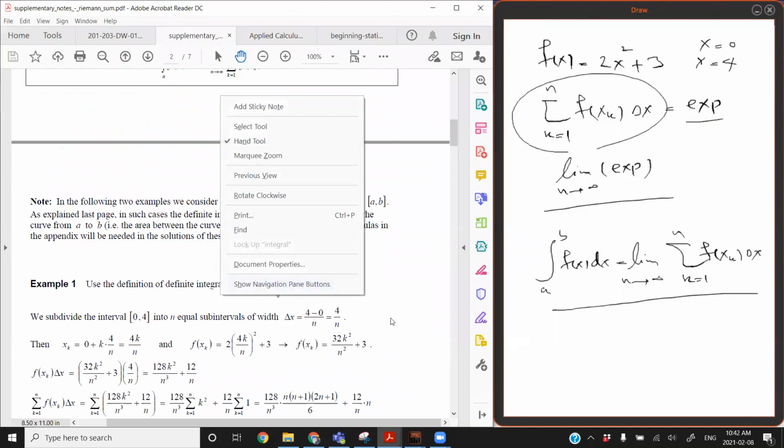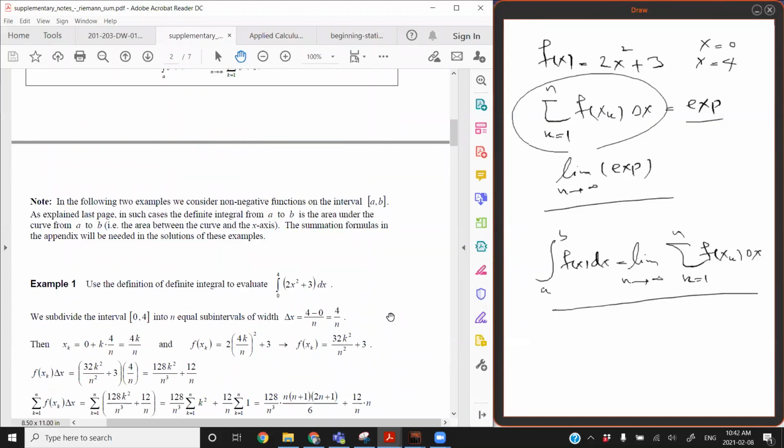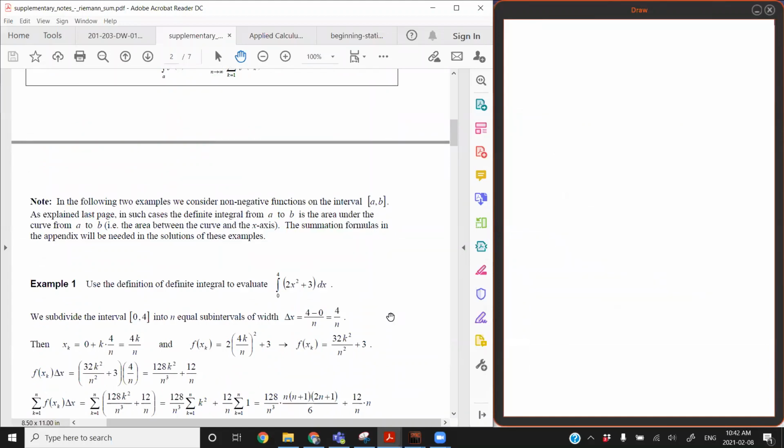Okay. So the first thing I need to do is to find my delta x. Delta x by formula, it's b minus a over n. And in this case, f of x is 2x squared plus 3. A is 0 and B is 4.